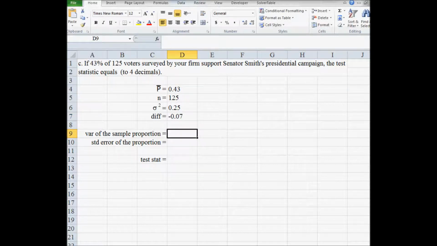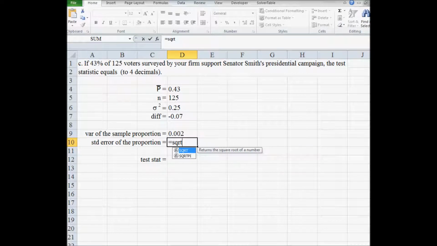The variance of the sample proportion is going to be smaller than the sigma squared that we calculated above because it is equal to the sigma squared we calculated divided by the sample size. The standard deviation of the sample proportion is equal to the standard error of the proportion. So we just take the square root of the variance of the sample proportion.